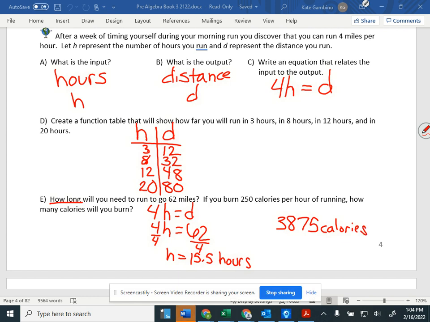Say that again, Leah. So she knew she was going 15 and a half hours, and that she burns 250 calories per hour. So she multiplied them together to get 3,875 calories. Whew. That's a lot of calories to be burning.